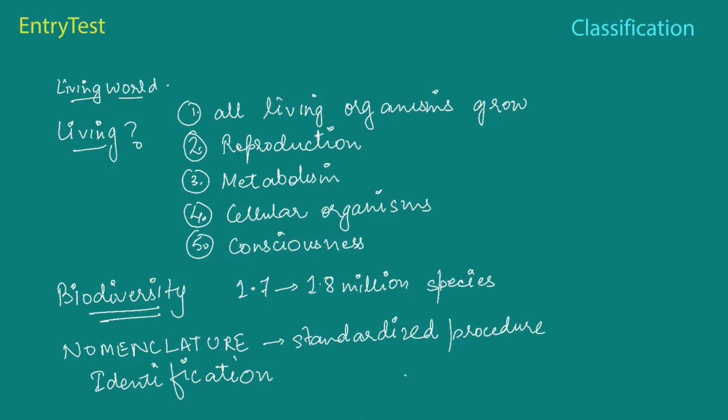That means it has already been documented before, so obviously you'll get a name for that, a scientific name. But if that bird is being seen by you for the first time, then you will have to undergo the process of nomenclature so that a standardized name can be given to that. So lots of organisms keep getting discovered day by day, and we need some kind of organizations that help in naming them.